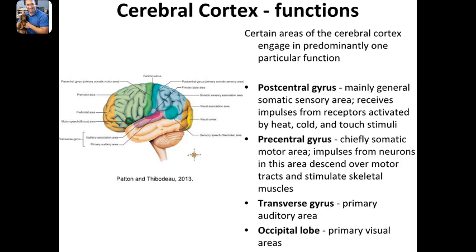This is where we hear things, in the primary auditory cortex in the superior temporal lobe. So there are different spots within the cerebral cortex that are responsible for performing a function. Have a general idea of where they're at and what they do.